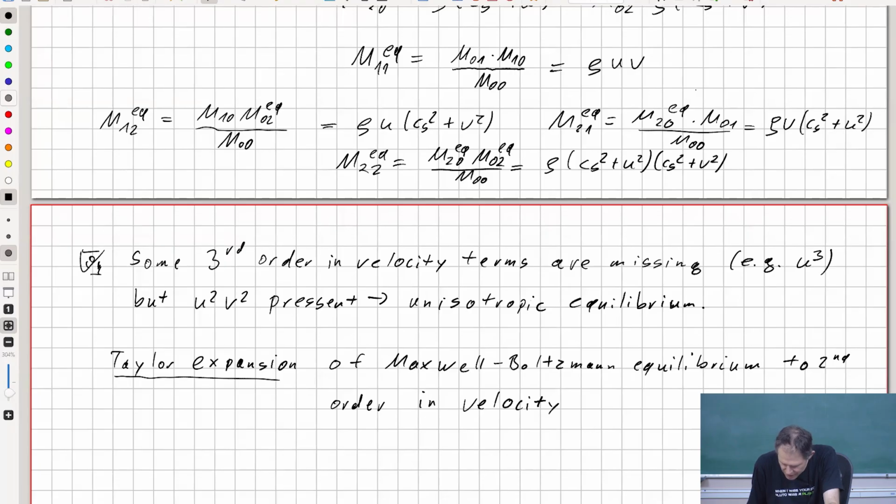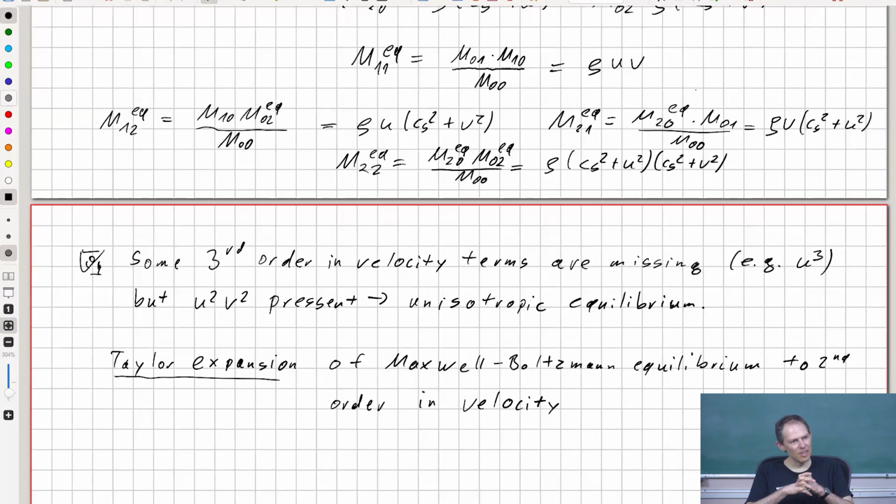Sir, what is anisotropic? Something is anisotropic if it does not behave in all directions in the same way. What I mean by an anisotropic equilibrium is that it is not invariant under rotation around any of its axes.